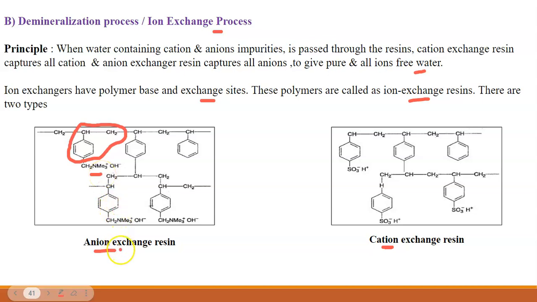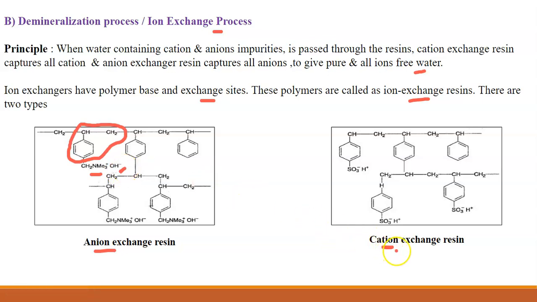In the anion exchange resin, there is a quaternary ammonium hydroxide group present at the exchange site. It has loosely held OH minus ions. This anion exchange resin will exchange all the anions, the negatively charged ions present in water, with its hydroxyl group.